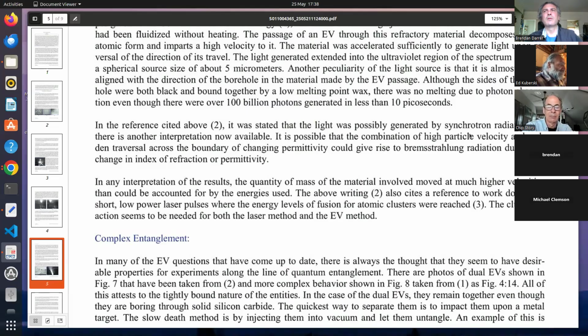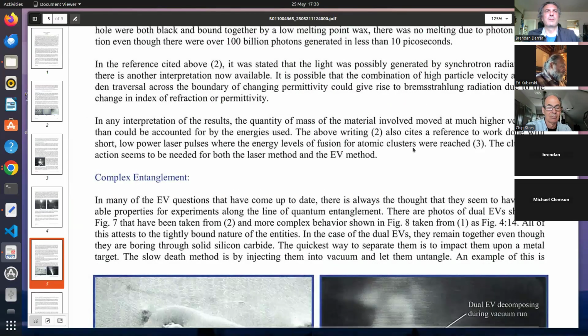Although the sides of the borehole were both black and bound together by a low melting wax, there was no melting due to photon absorption, even though there were over 100 billion photons generated in less than 10 picoseconds. In the reference stated above, it was stated that the light was possibly generated by synchronous radiation, but there is another interpretation now available.